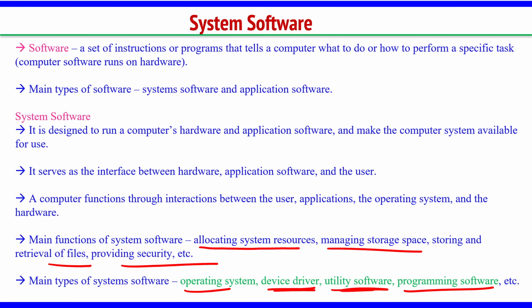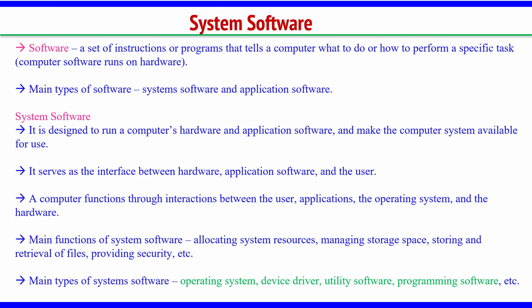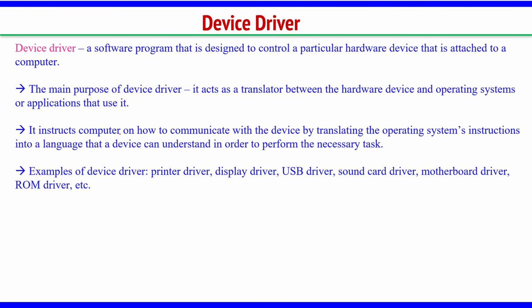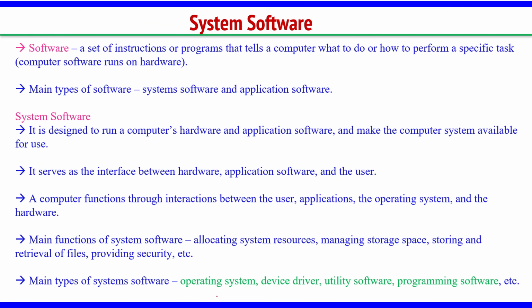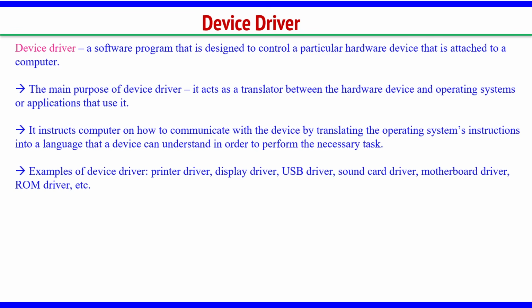Okay, right? So let's see them in detail. Device driver, right? Since we have already studied about operating system, in our syllabus we have been given device driver and utility software. These two are included in the NIMCET syllabus, and OS also there, which you have already covered in the previous part. Right?